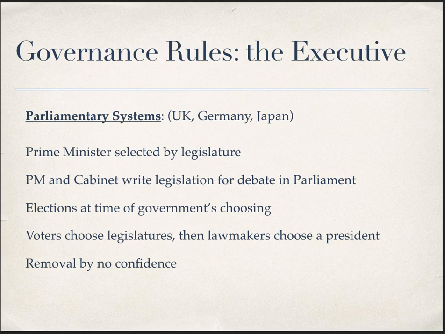Now, in stable parliamentary systems, it is very often the case that the prime minister or the leading candidate for the prime minister is known, but every person who wishes to be the prime minister needs to first be elected to the legislature in their constituency. So it's like in the United States, if you had to become a member of the House of Representatives or a senator in order to be considered to be the president, and then the Senate or the House of Representatives voted on which one of its members would become the president. That's how a parliamentary system works.